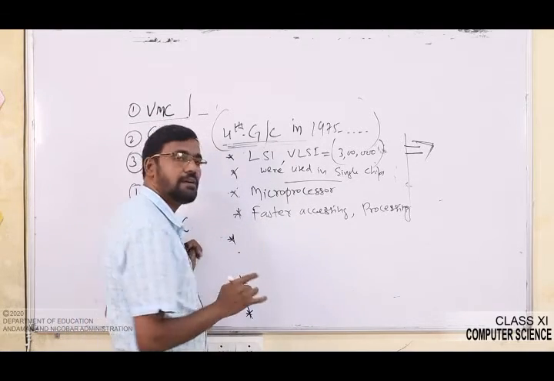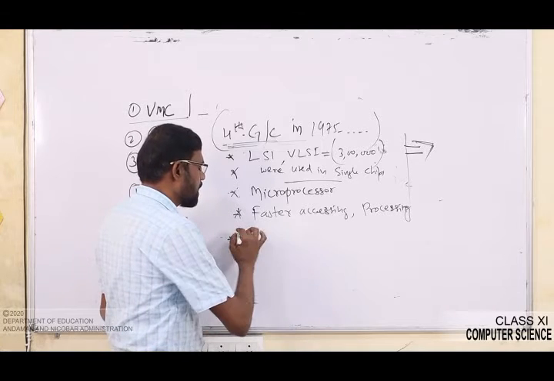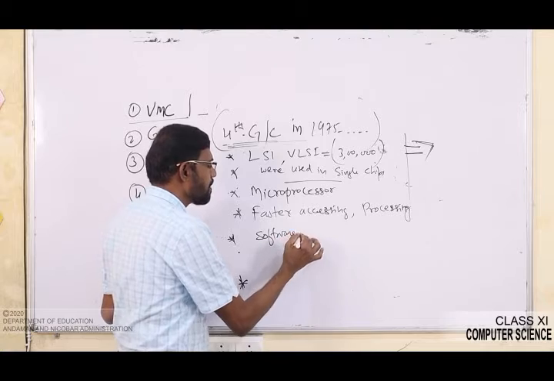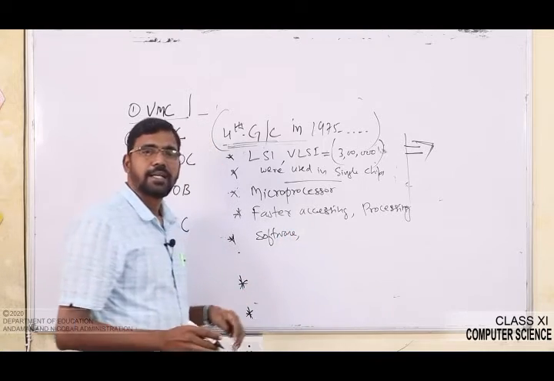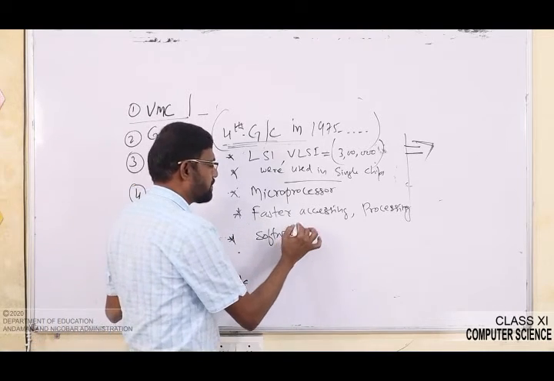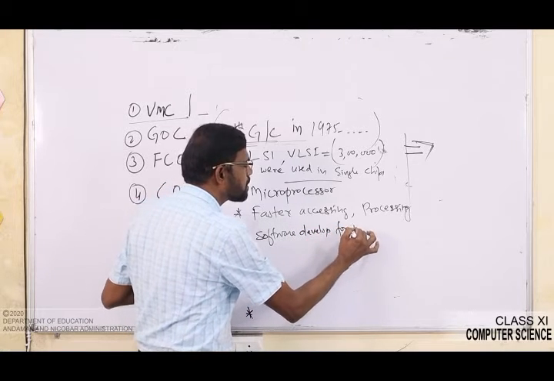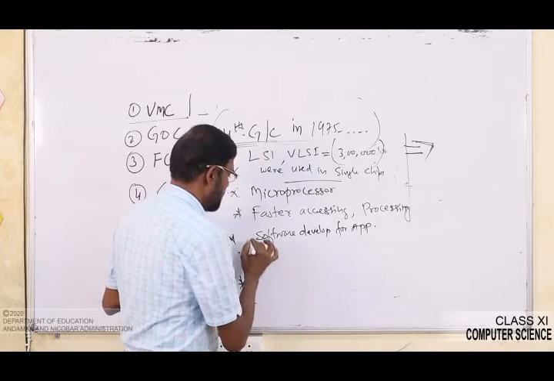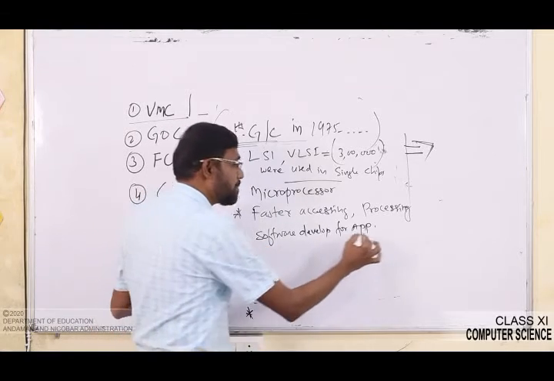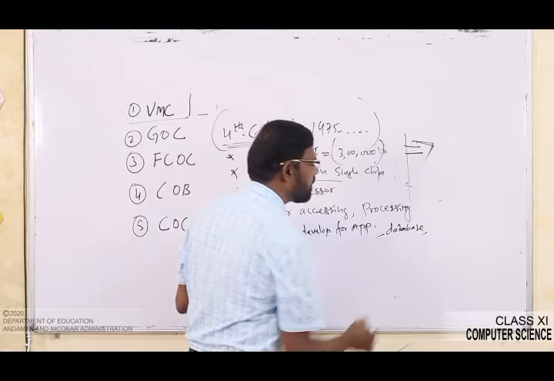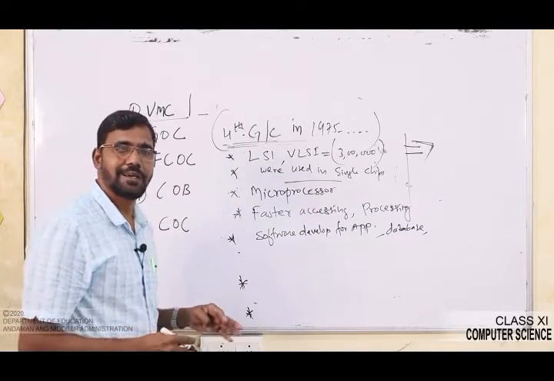That means, what is this? That is software development, application software, software development for application purposes, and also the database. Today everything is database, you are storing all the information.